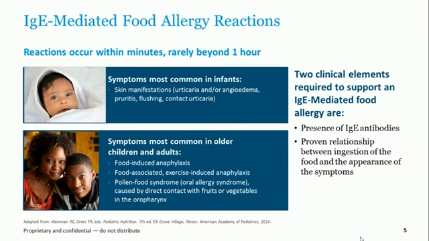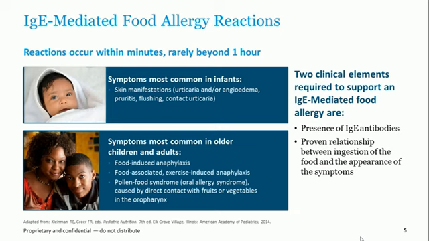They may have it associated with exercise. They may have contact, like oral allergy syndrome, so they have maybe an oral allergic reaction. But in infants, it's very common, at least 60% of the cases, that they're going to have some skin manifestations.